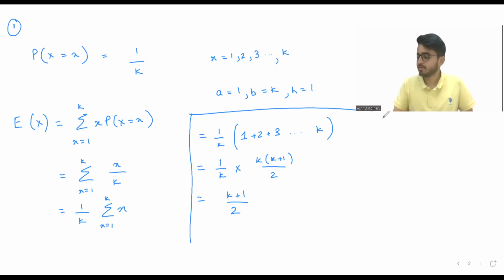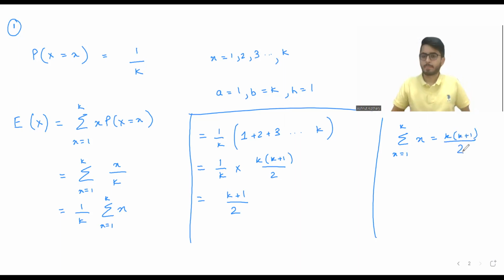Alternatively, you can directly use this result, and that is something I would suggest: summation x, x running from 1 to k is k into k plus 1 by 2. Here it might be easier for you to see that this is the addition of the first k natural numbers. Similarly, familiarize yourself so that you become comfortable interpreting this directly. Summation x, x running from 1 to k is basically the summation of the first k natural numbers, written in a very compact form.